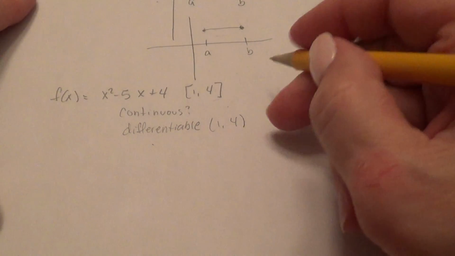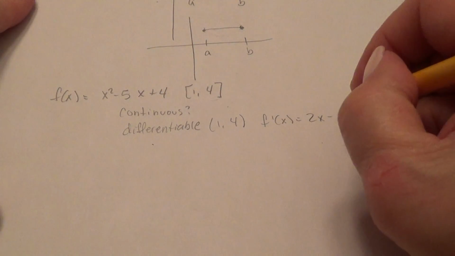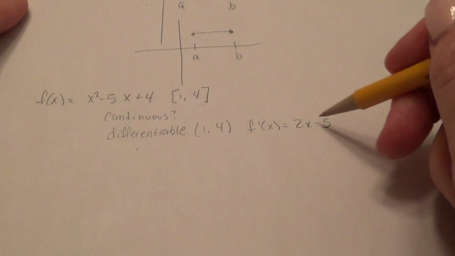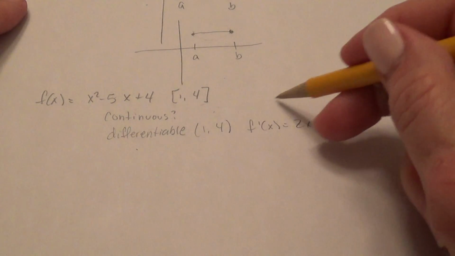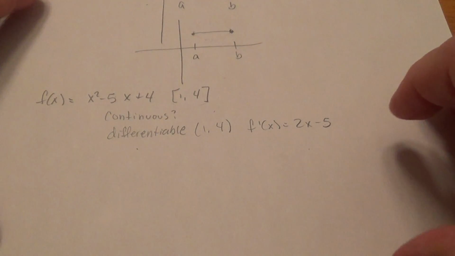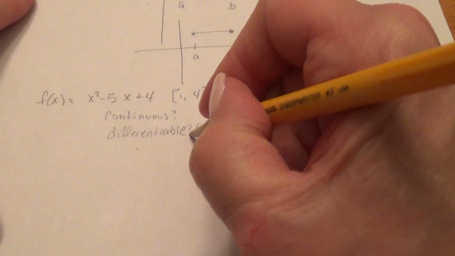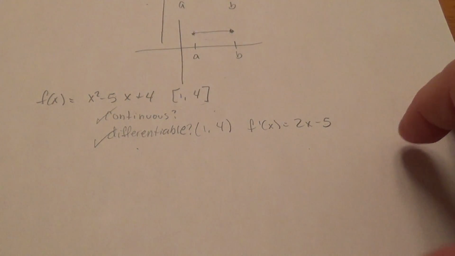So let's look at the derivative. It exists everywhere. This one has no mathematical impossibilities. It is always differentiable. All right, so it passed the two requirements. Yes, it's continuous. Yes, it's differentiable.